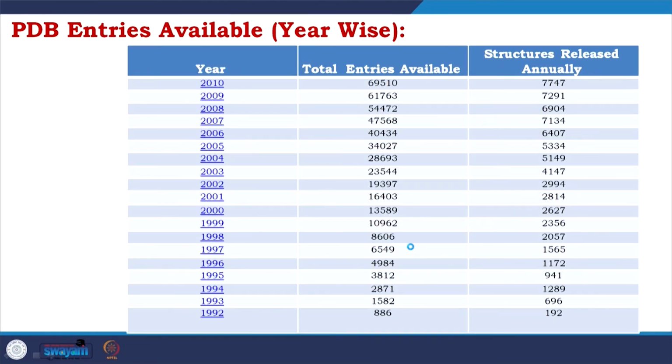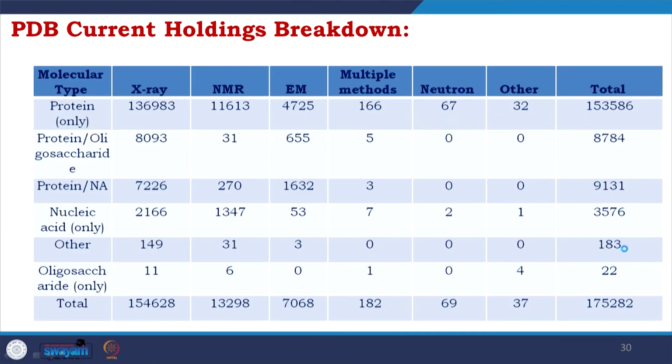It is a huge number. As I told, there is a marked increase. You see in 1992, 192, 696, 1289, it is reduced a little bit, but then a steady increase. So, this is the major time of structural genomics. This is very important.